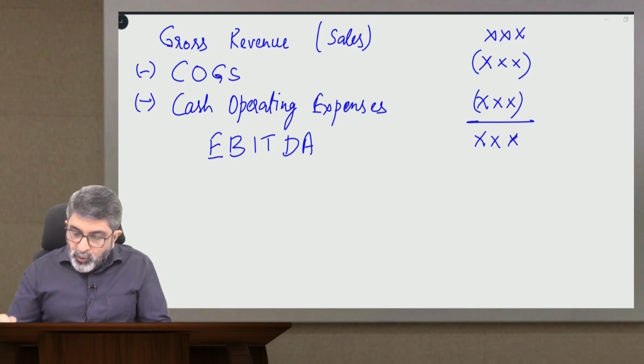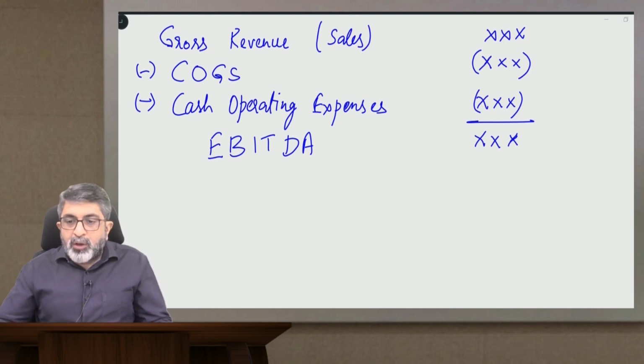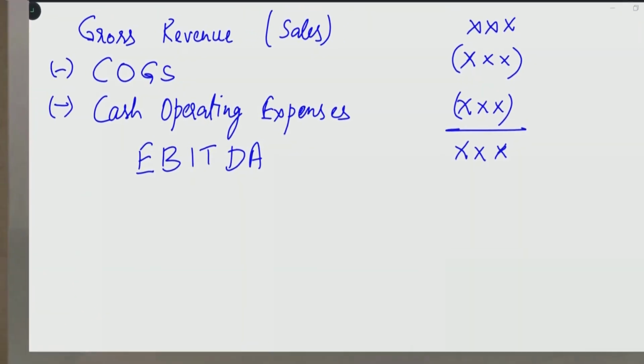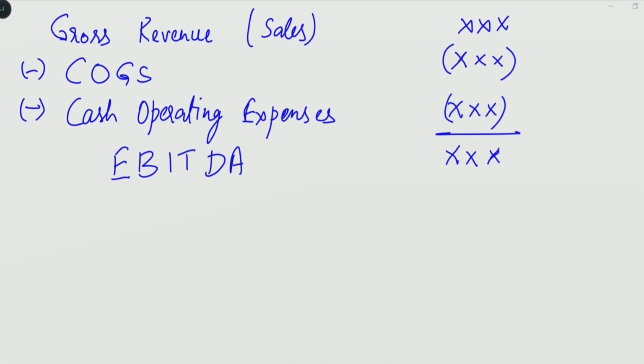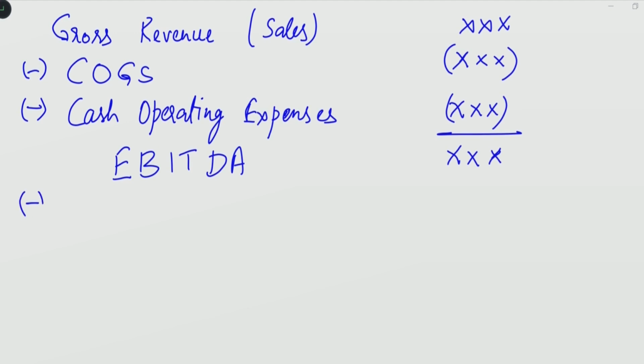So what you need to do after this, the sequence of subtracting the expenses goes this way. After arriving at EBITDA, you subtract depreciation, and of course amortization also.